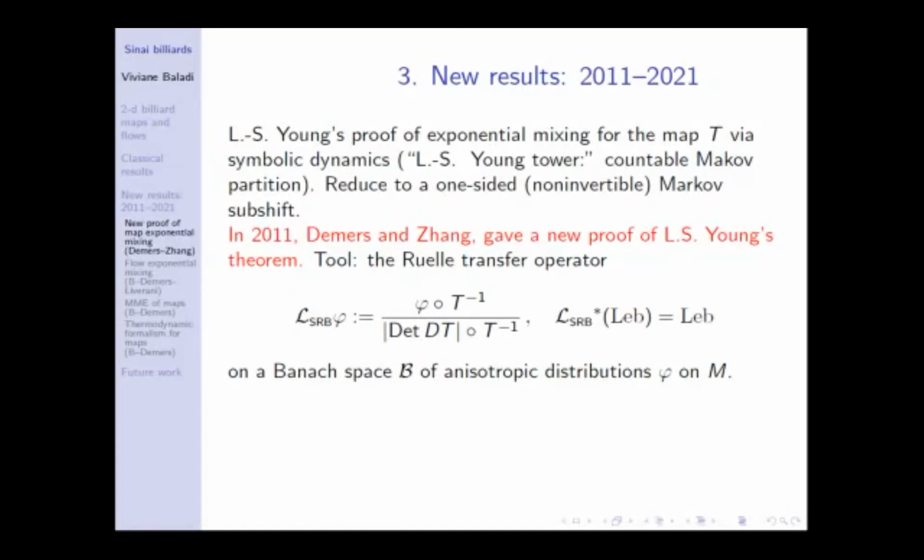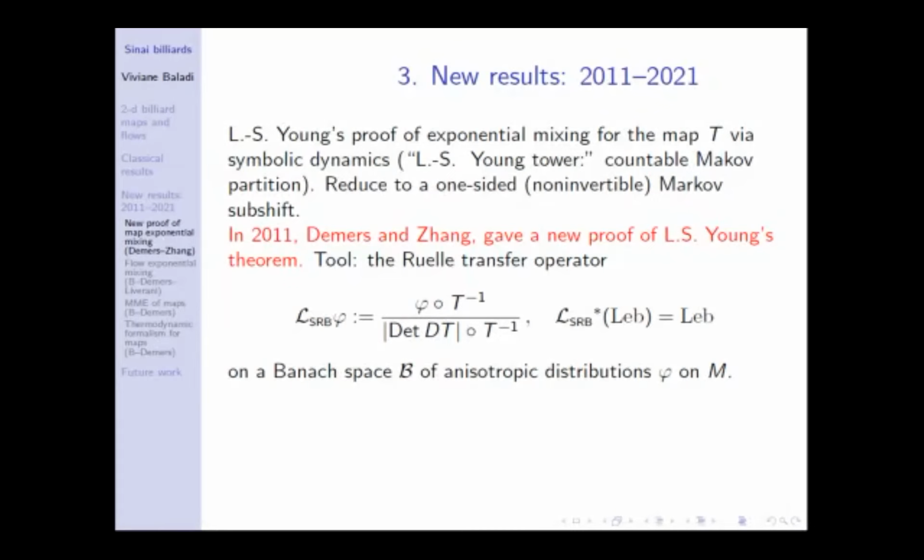So the new ingredient in this new proof of the result of Young was to define a good space on which the operator should act. It turns out that there is absolutely no way to define a space of functions on the manifold such that this operator will have a spectral gap. This is because the dynamics has expanding directions, but also contracting directions. So the inverse dynamics has contracting and expanding. And when you compose with a contraction, that doesn't improve regularity, quite on the contrary.